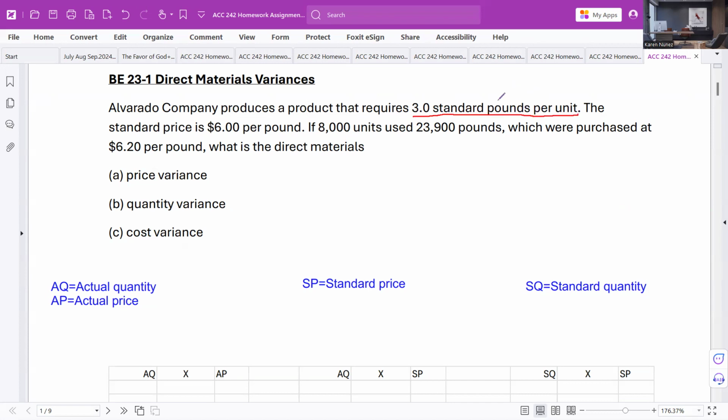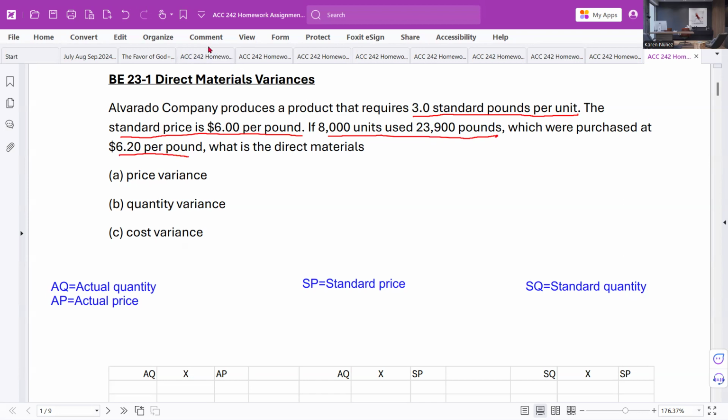That's what we're going to use to get the standard quantity. The standard price is $6 per pound. They actually used 23,900 pounds in producing 8,000 units, and they purchased at $6.20 per pound.